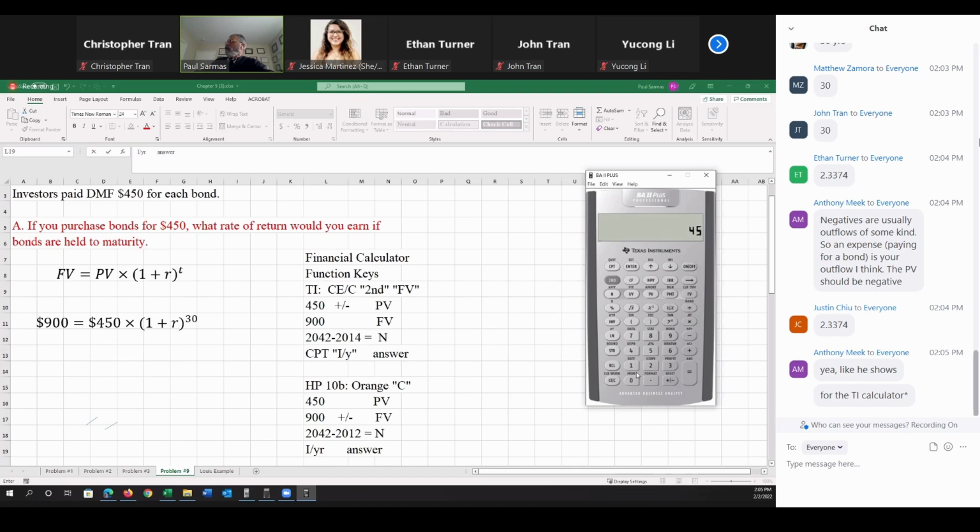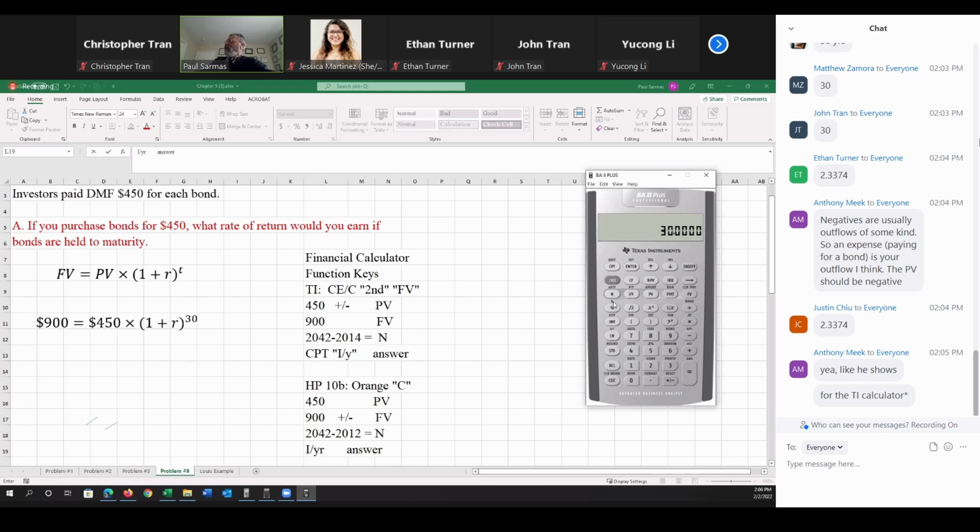If I use 450, change the sign to minus, and I put present value, 900, I put future value, 900 is future value, 2042 minus 2012 equals 30.